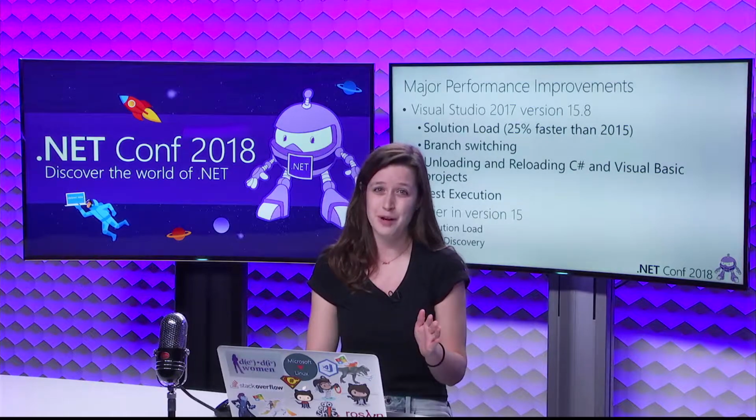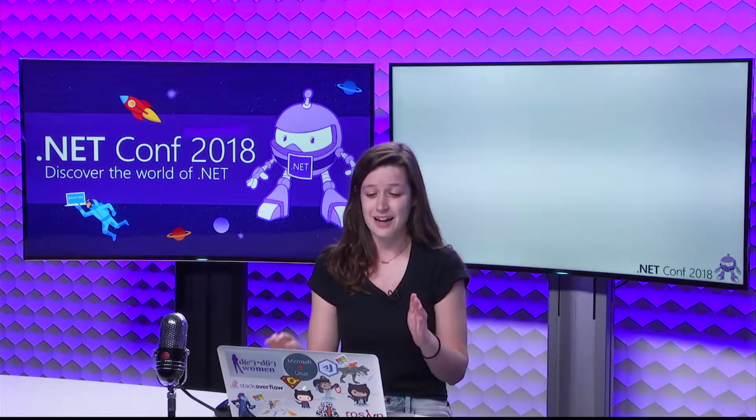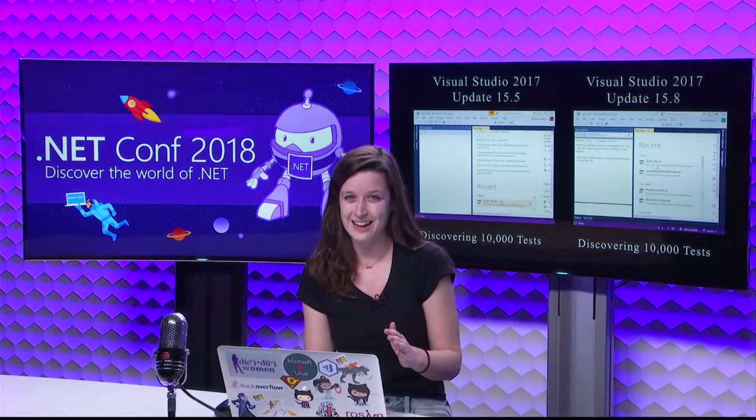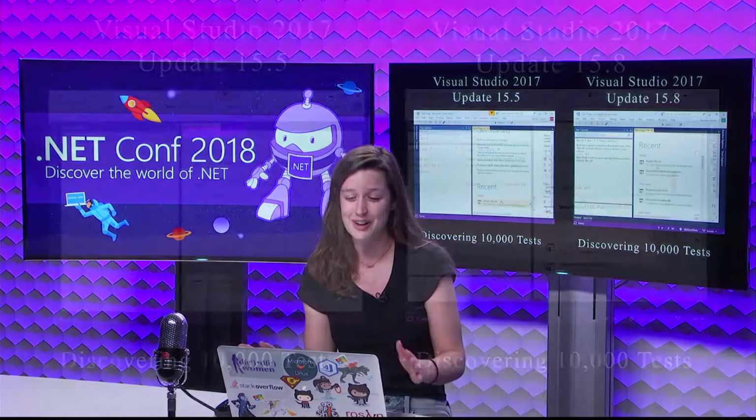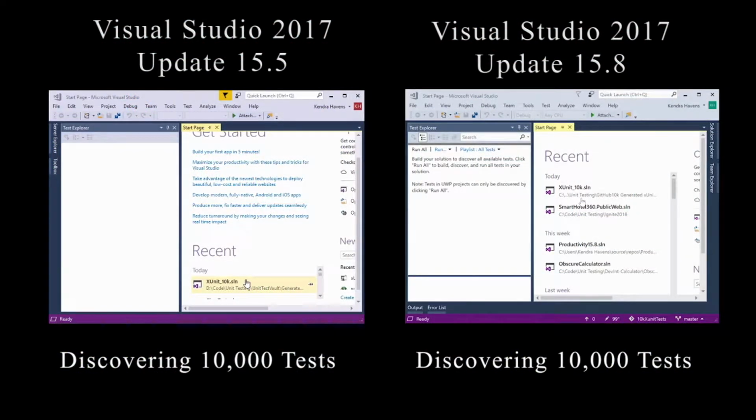And I can't talk about performance without also having a video all on test discovery. So I have a side-by-side comparison video. You will see solution load just a little bit in the beginning. It happened so fast because I didn't use a big enough solution for this that it's hard to see the difference in the improvement across these updates.